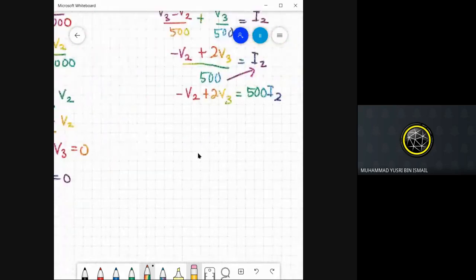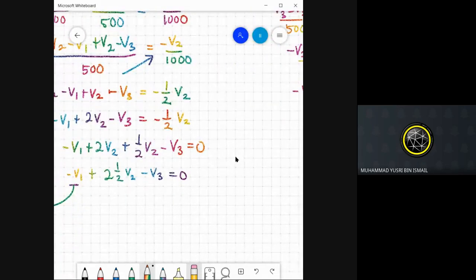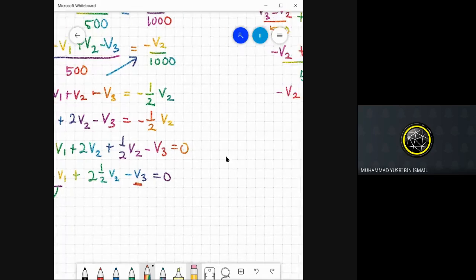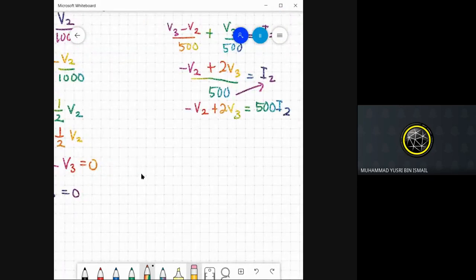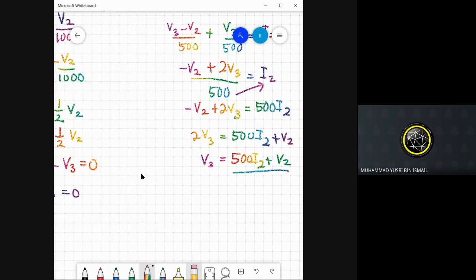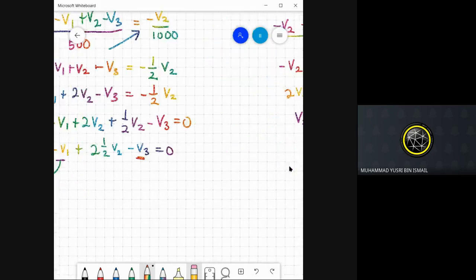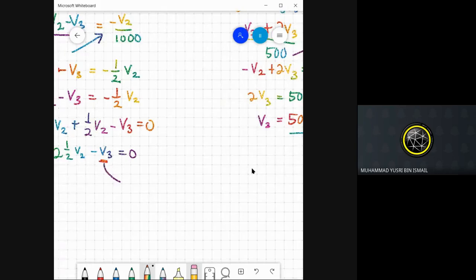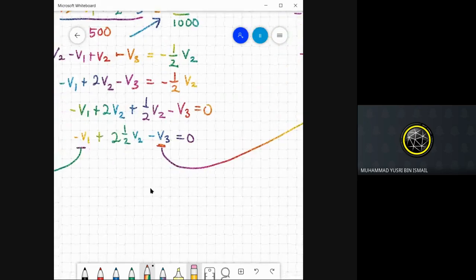Now we go into the V3. Okay, V3. So here 2V3 equal to 500 I2 plus V2. V3 is equal to 500 I2 plus V2 divided by 2. So substitute V3 from node 3.